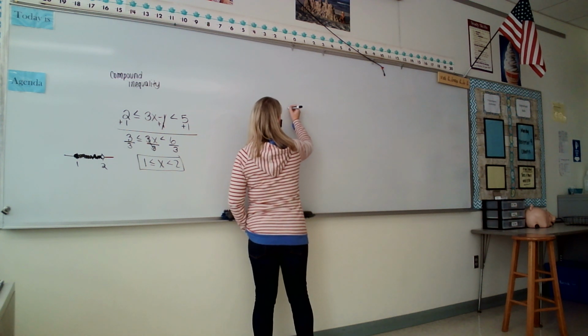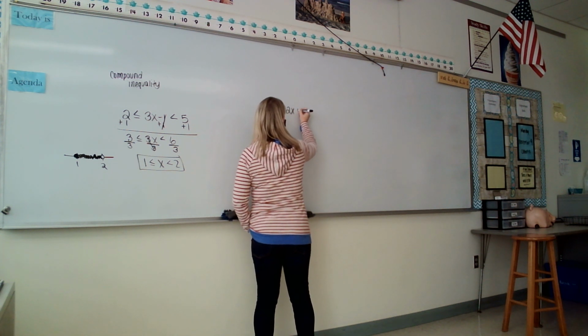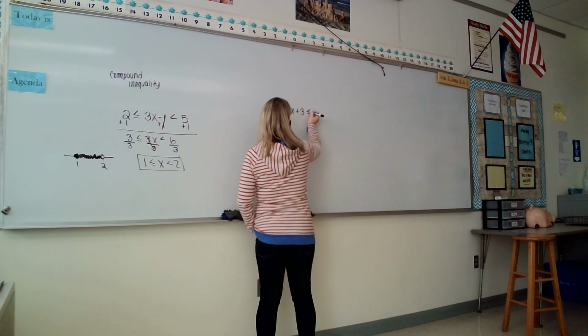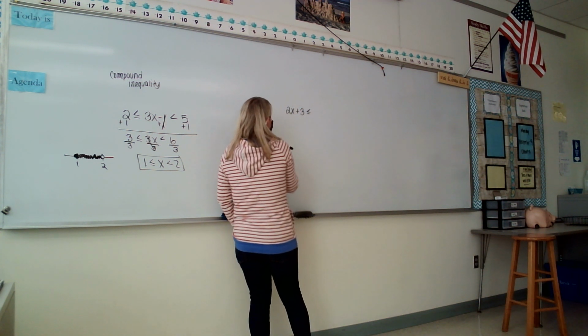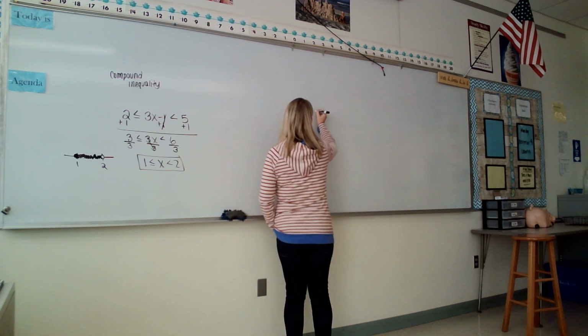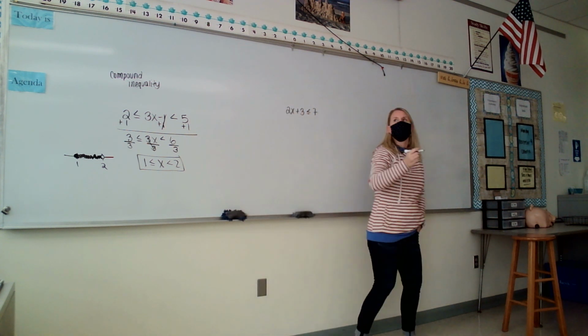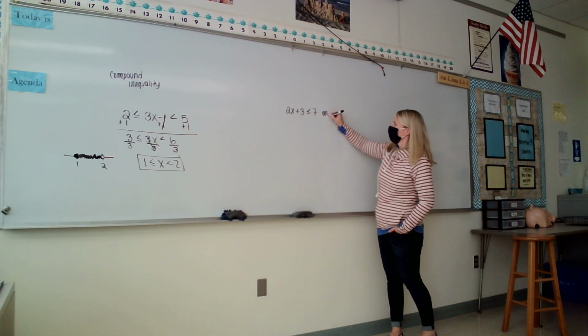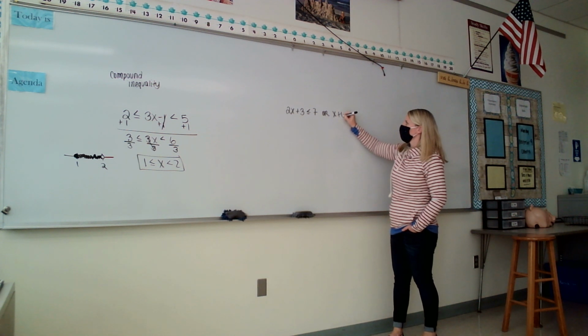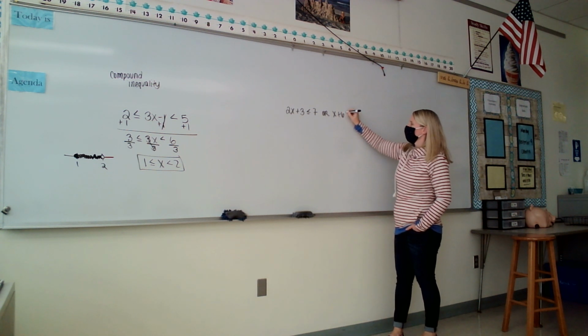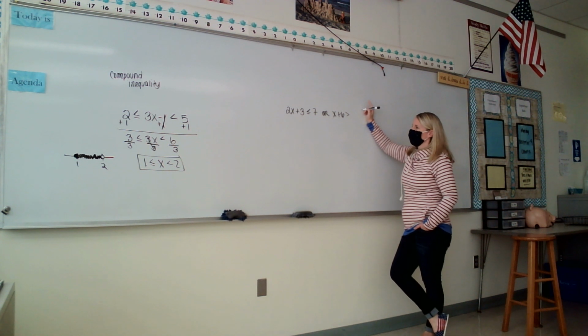Let's say we have 2x plus 3 is less than or equal to 7, or x plus 6 is greater than, sorry, I need to make sure this makes sense.